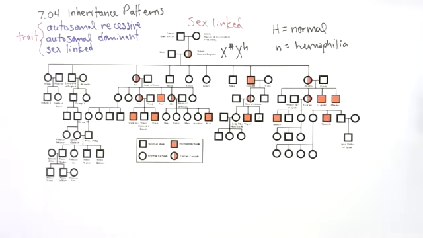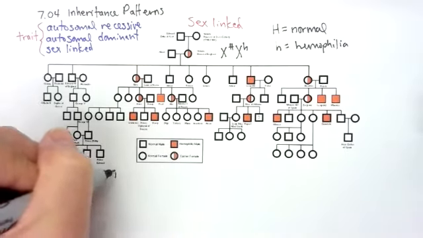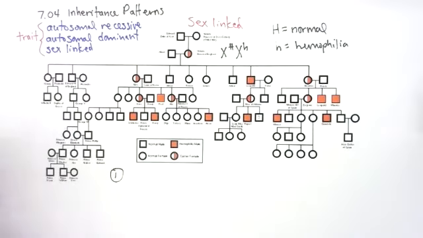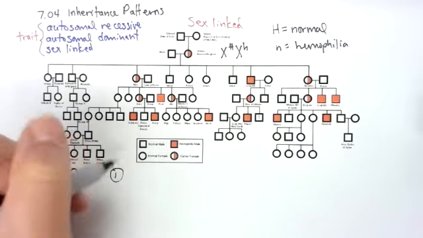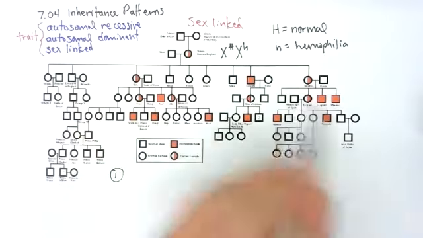But what do we see here that tells us that this is a sex-linked trait? First of all, pause the video, see if you can figure it out. All right, welcome back. Did you say that everybody who has the disease or has the trait are male? There are no females that have it.